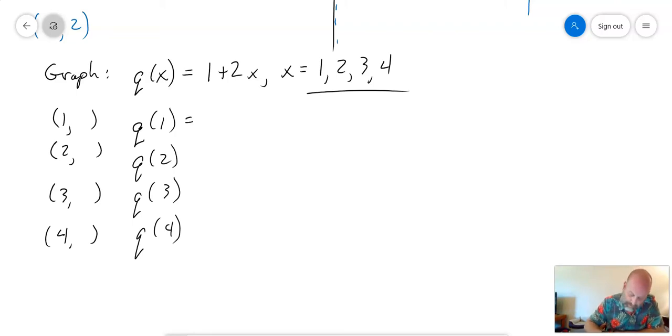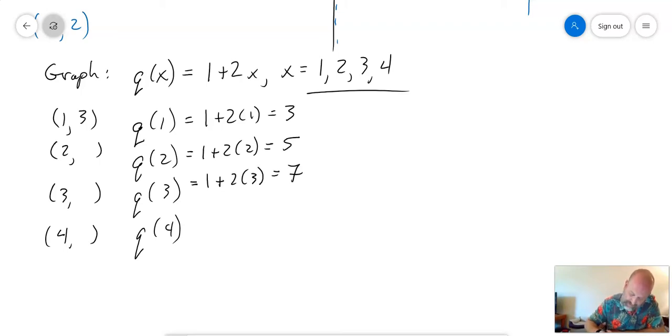So q of 1 is 1 plus 2 times 1, which is 3. Q of 2 is 1 plus 2 times 2, which is 5. Q of 3 is 1 plus 2 times 3, which is 7. And Q of 4 is 1 plus 2 times 4, which is 9.